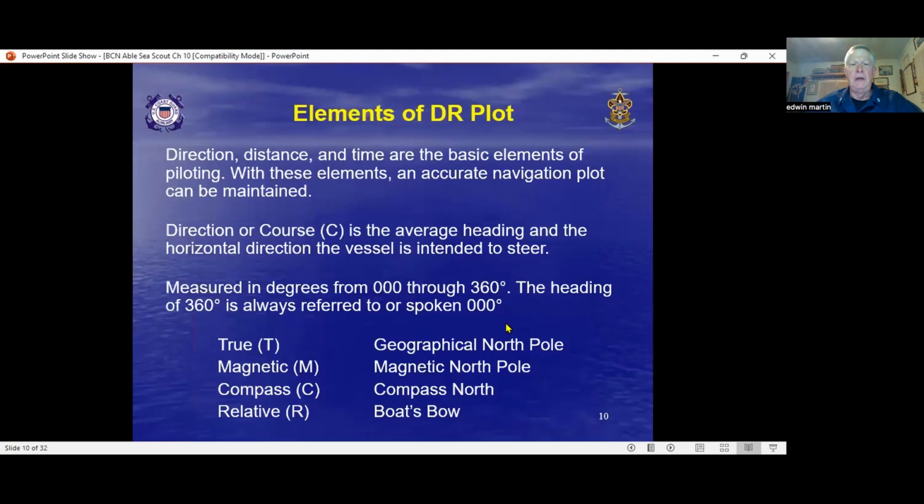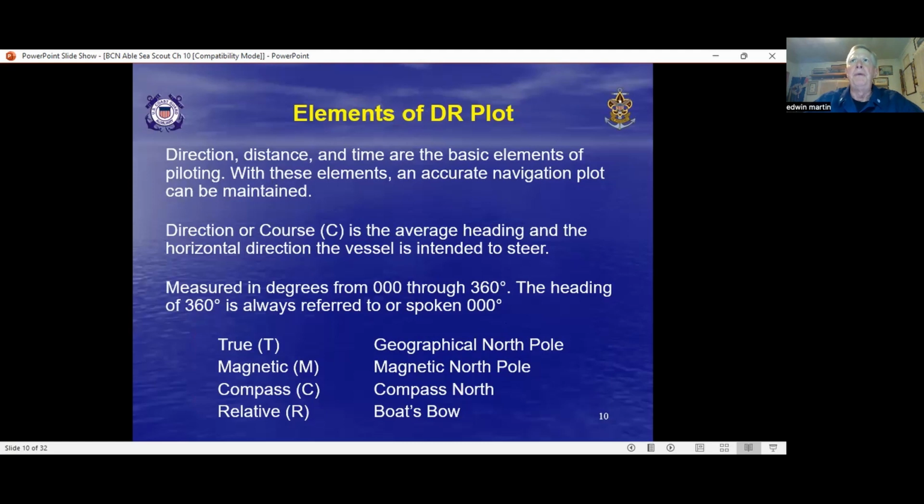So the elements of a DR plot: direction, distance, and time. Direction, course to be steered. When we do a DR plot, it's always true, and true is always assumed.